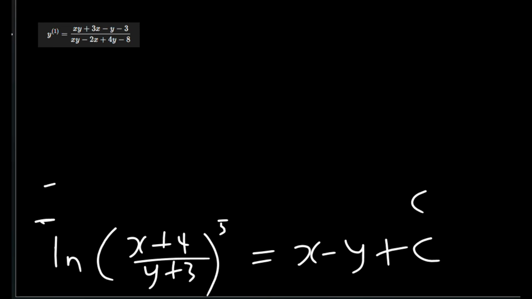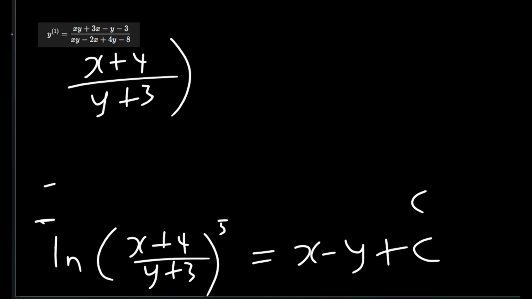So we have ((x plus 4) over (y plus 3)), brackets close, to the power 5 is equal to k, because we said e to the power c should be equal to k, so we are using k in this context.